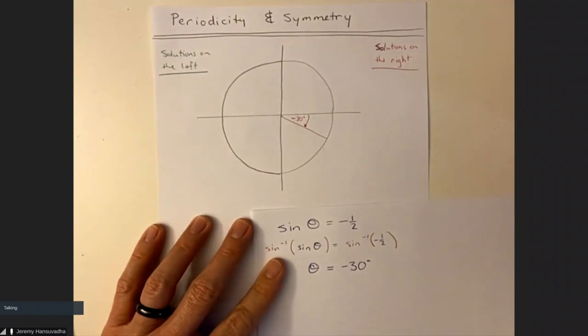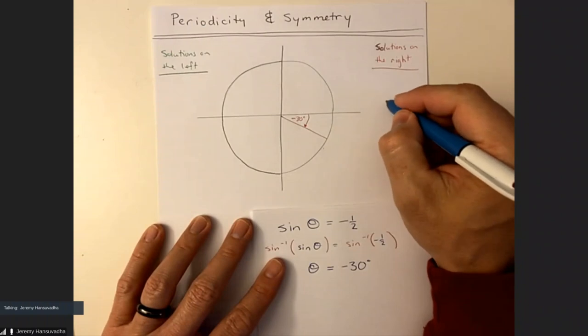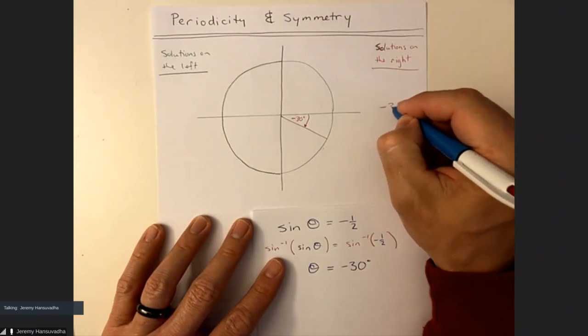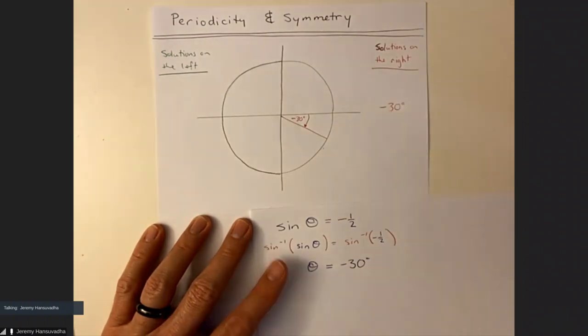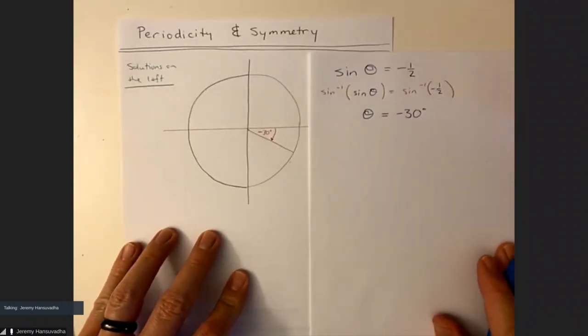Okay, so our principal value is negative 30 degrees. Let's find some more using periodicity.